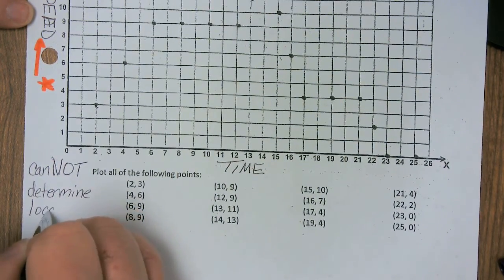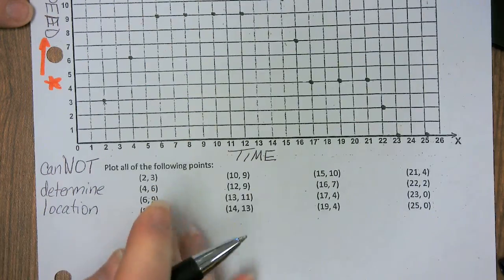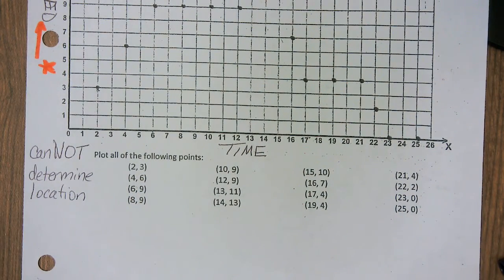I have no idea if the object we're tracking is going toward home, is going away from home, is going to the mall, is going to get coffee. I don't know. There's no way to tell what's going on with it other than its speed and the change of its speed over time.